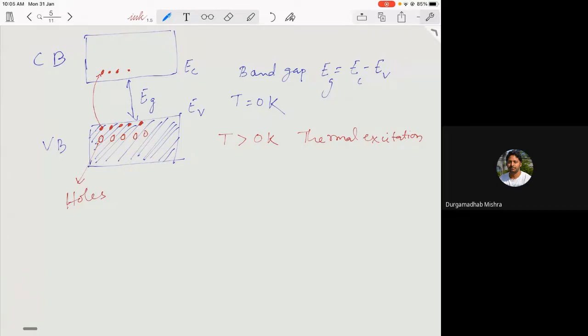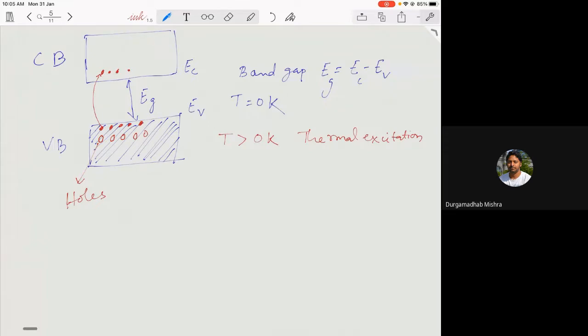So band gap doesn't play a role in deciding that. It has some significance in terms of conductivity, but it is not related to the motion of the electron when you are applying a voltage. Band gap only says whether there will be electrons in the conduction band or not.